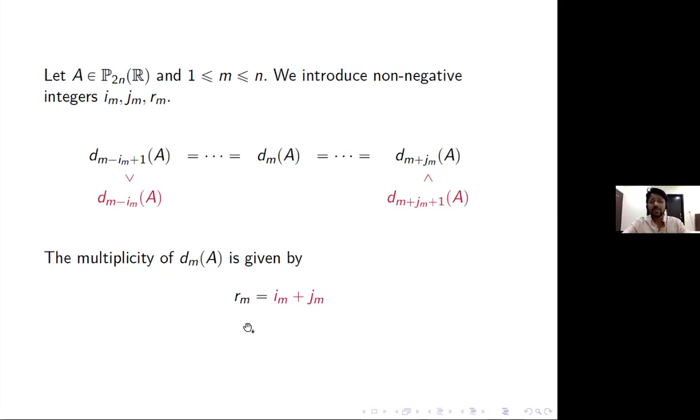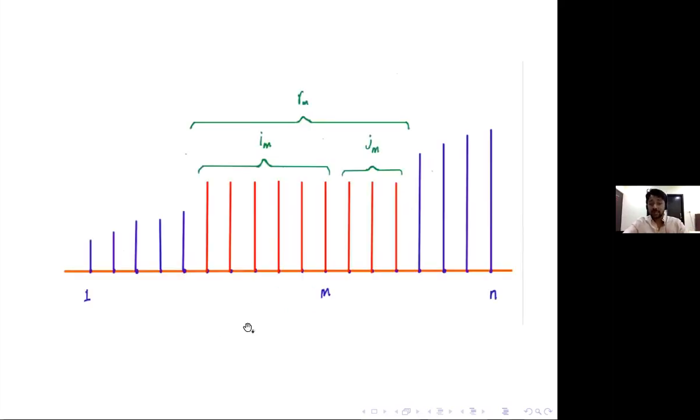To put these numbers in perspective, consider this diagram. Suppose the indices are laid down on the horizontal line from 1 to n, and the vertical lines represent the symplectic eigenvalues of A arranged in increasing order. The red vertical lines correspond to the symplectic eigenvalues of A that are equal to the m-th symplectic eigenvalue.